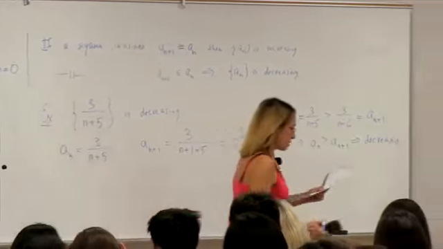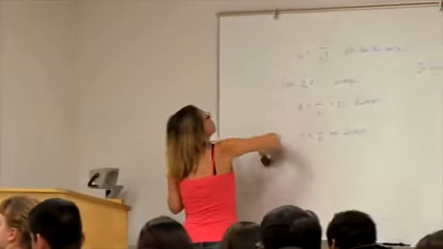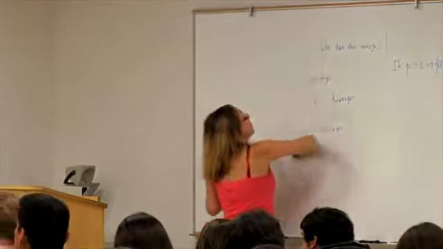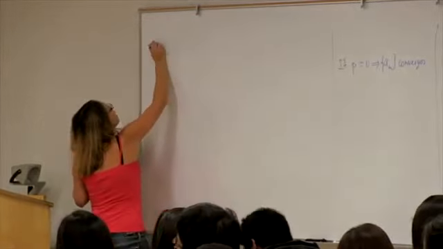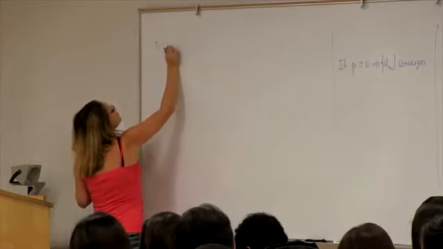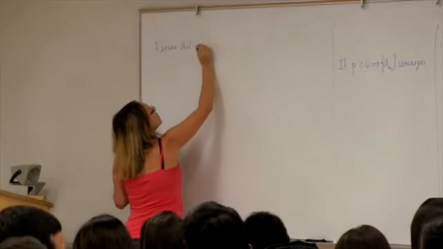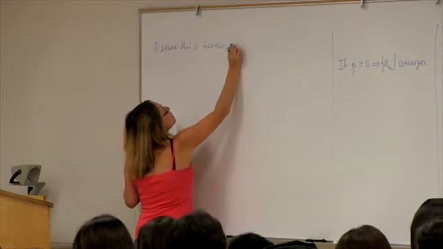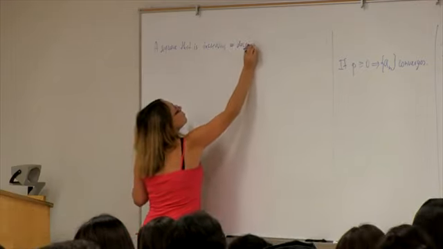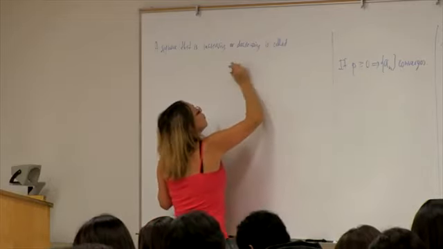One more definition. A sequence that is increasing or decreasing is called monotonic.